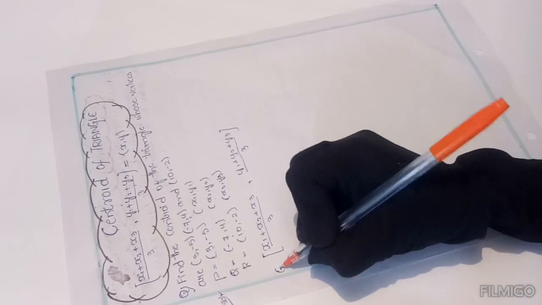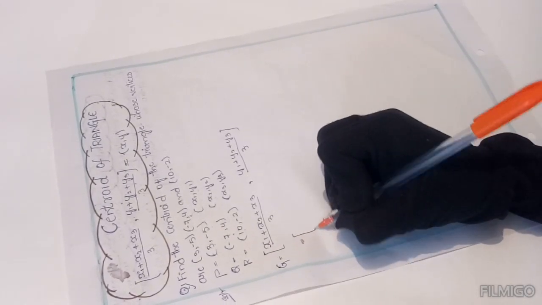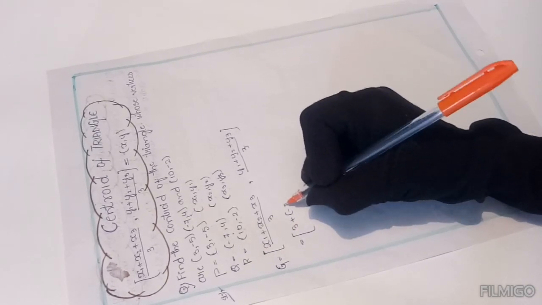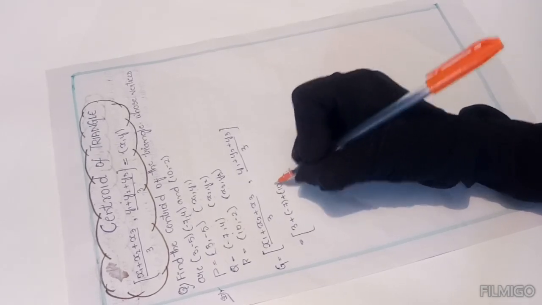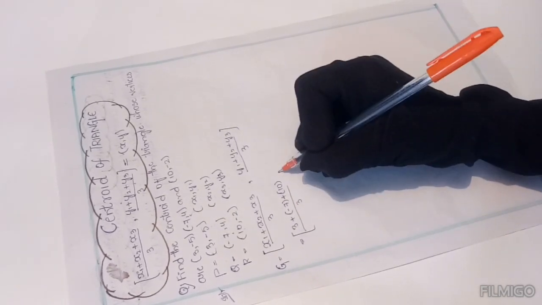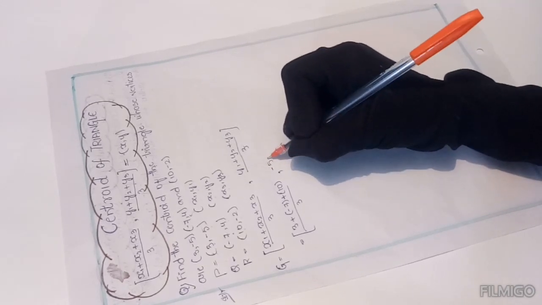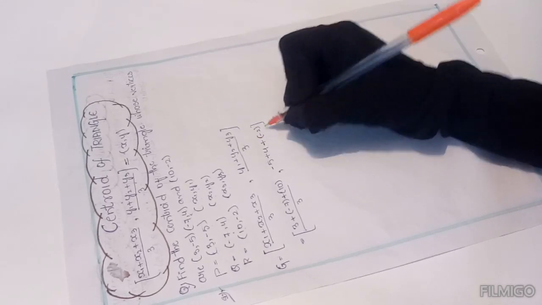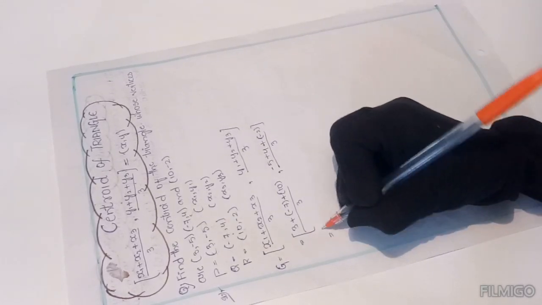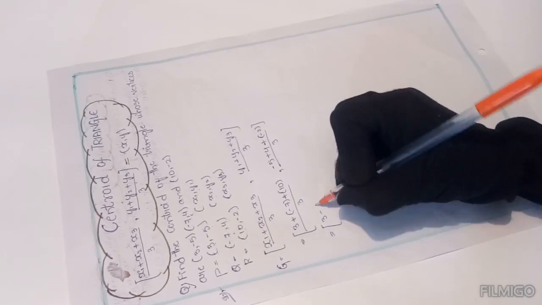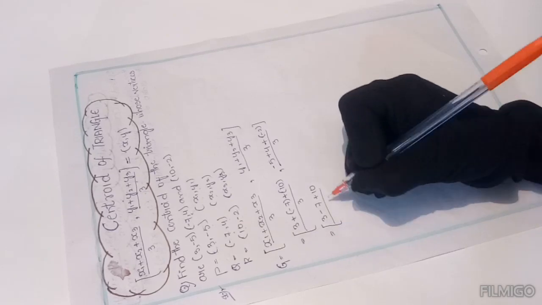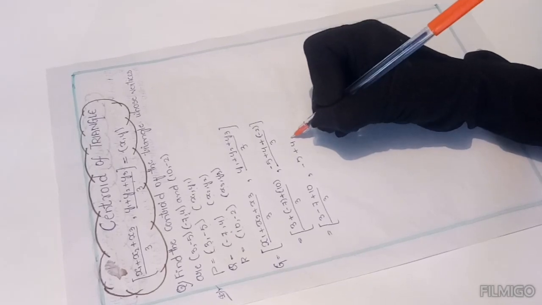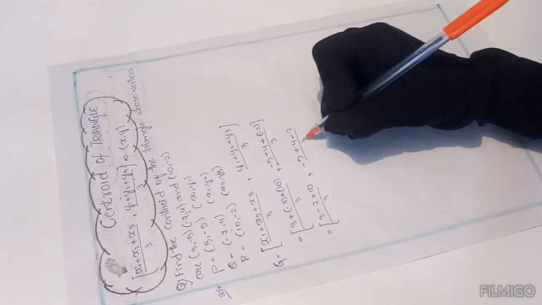The centroid is denoted by G, which is equal to the value of x1 is equal to 3 plus the value of x2 is equal to minus 7 plus the value of x3 is equal to 10, by 3, comma the value of y1 is equal to minus 5 plus the value of y2 is equal to 4 plus the value of y3 is equal to minus 2, by 3. That is 3 plus minus 7 plus 10 by 3, comma minus 5 plus 4 plus minus 2 by 3.